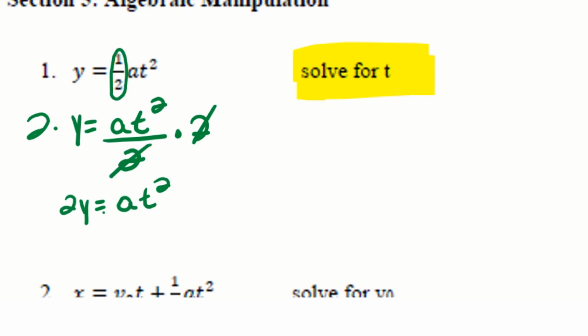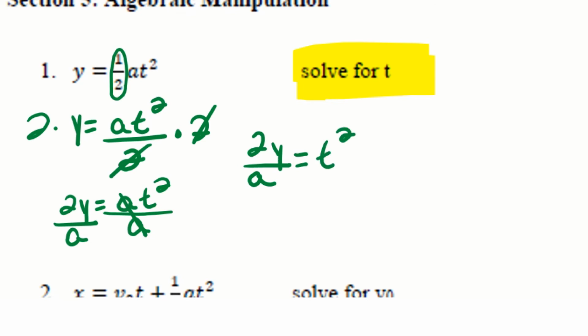Well, a divided by a gets rid of it. I need to do the same thing that I did on one side to the other. So now I'm left with 2y divided by a. So 2y divided by a equals t squared.